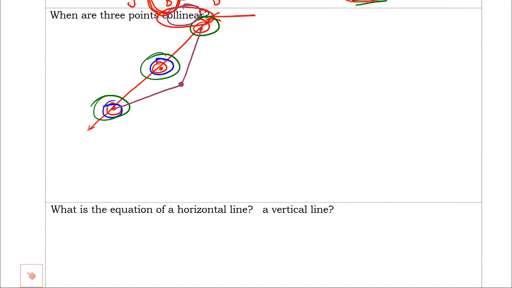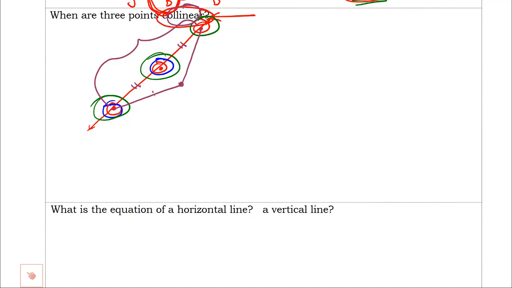What if you found the distance between these 2 points and the distance between these 2 points, and then you find the distance between these 2 points. What should happen? The 2 small ones should add up to the big one if the shortest distance is a straight line, right?